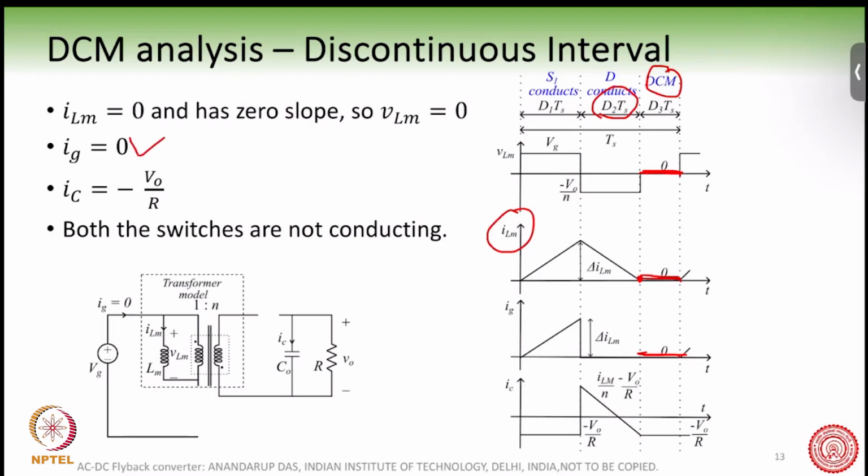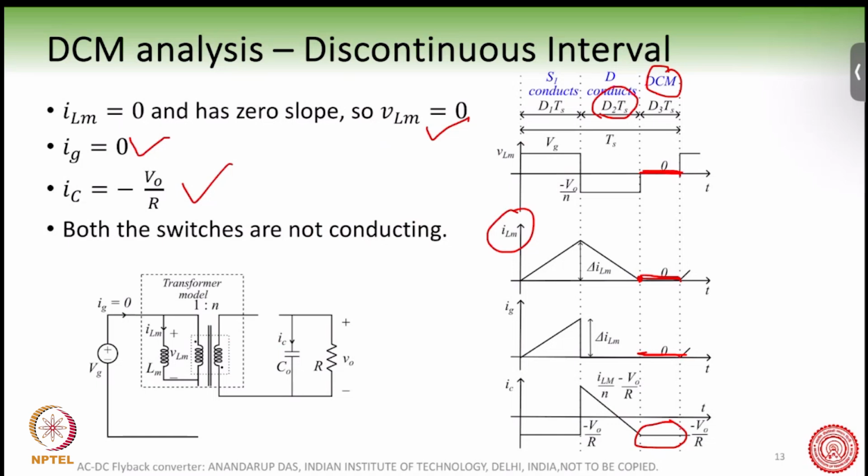And so the capacitor has to again supply the load, because no energy is now coming from the primary side. The inductor has lost all its stored energy, and so it cannot deliver anything to the capacitor.